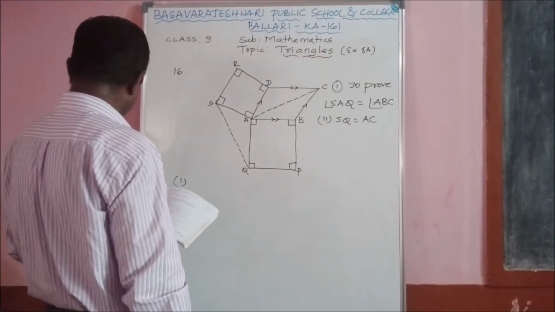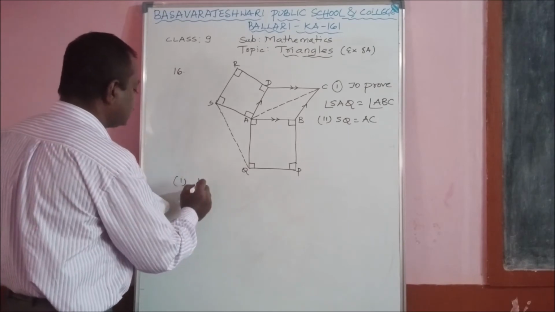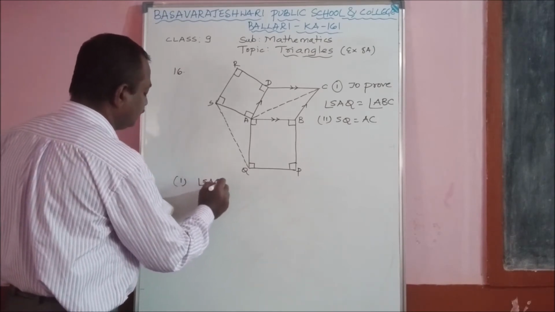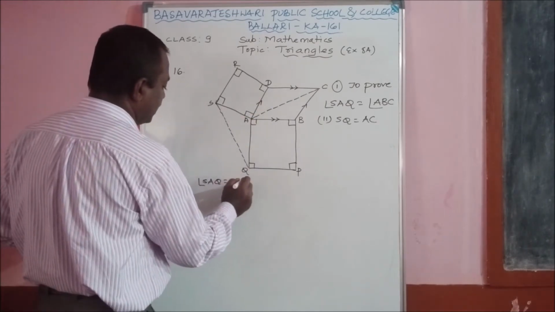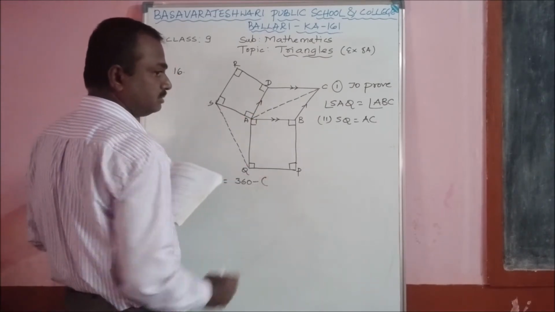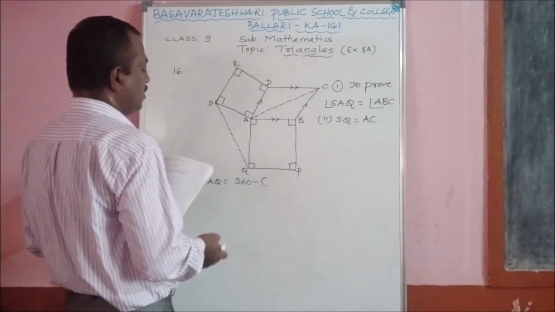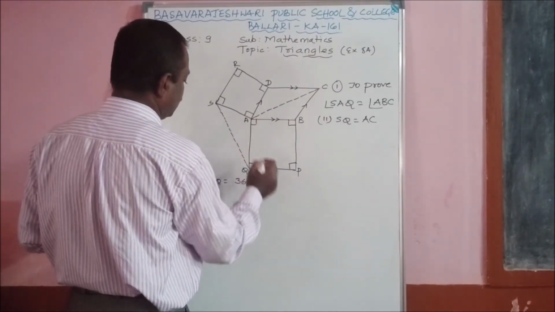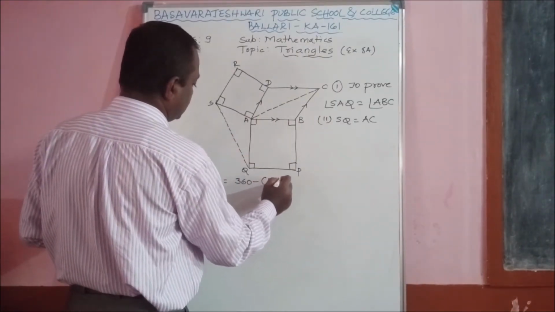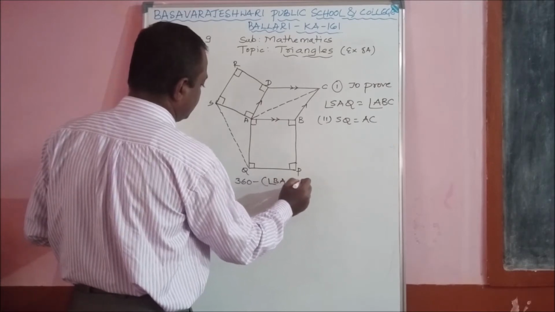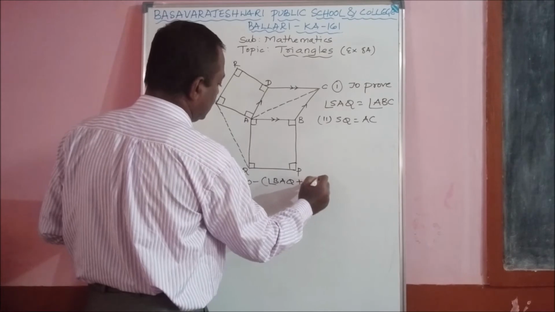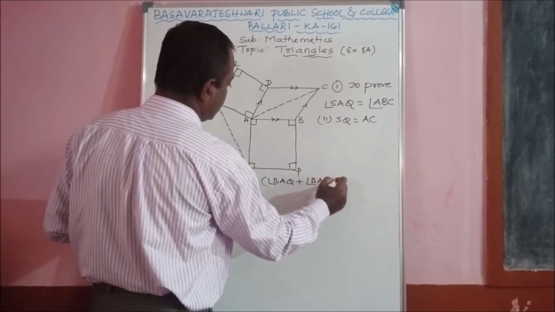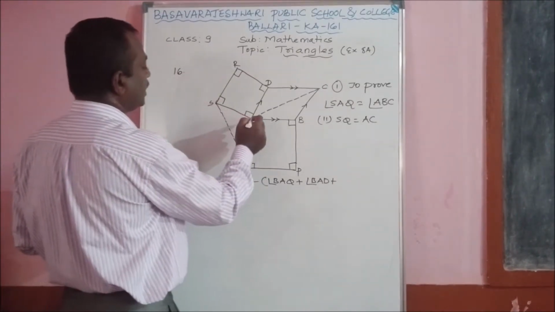So angle SAQ is equal to 360 minus the remaining three angles, angle BAQ plus angle BAD plus angle SAD.